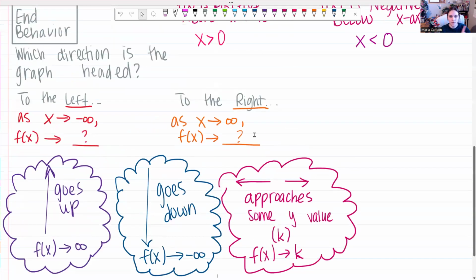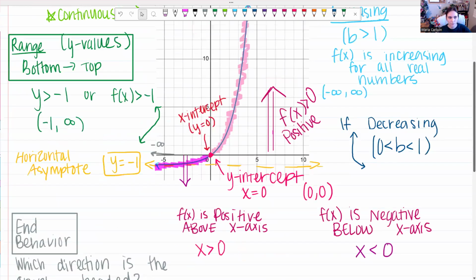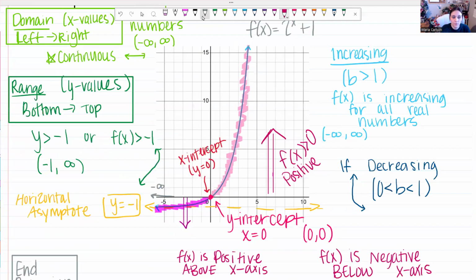So let's look at the end behavior of the function I have up here. So looking first at the left, going to the left, or as x goes to negative infinity, our function f of x is approaching that asymptote or that height of -1. So as x goes to the left, f of x or y is going to -1.